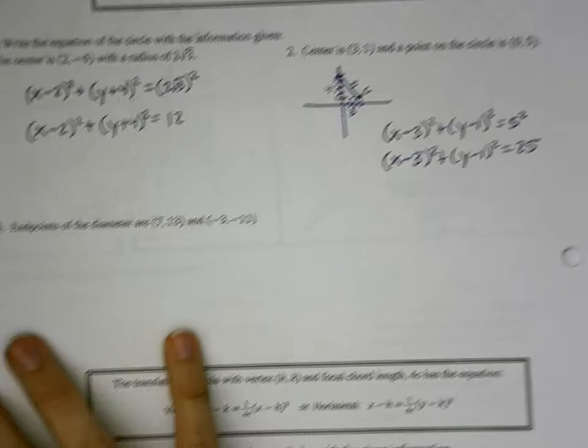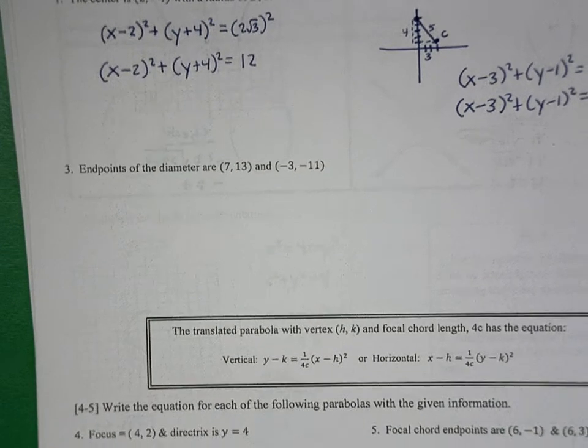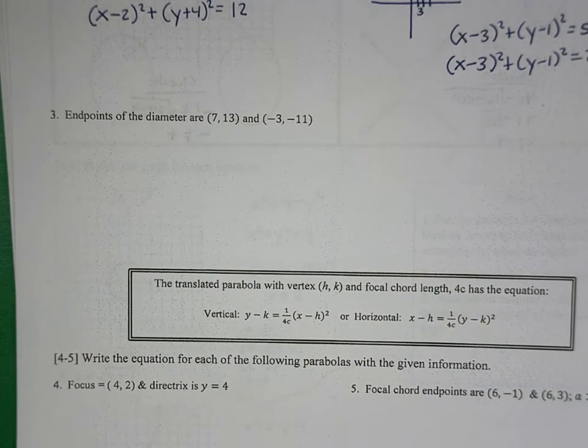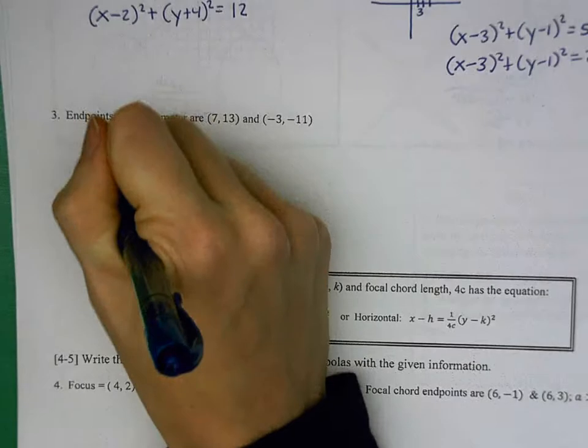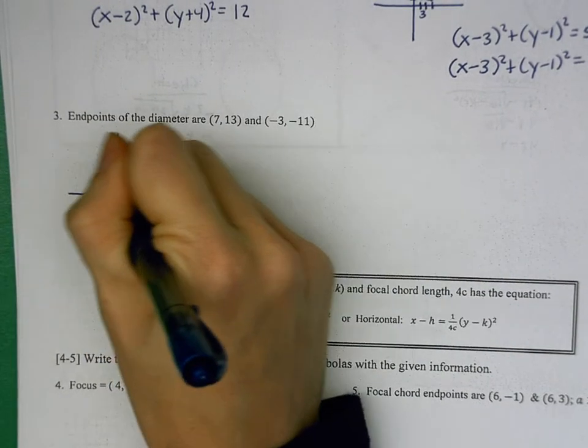Okay. Number 3. Go ahead and take a look at number 3. Endpoints of the diameter are (7, 13) and (-3, -11). Okay, so here we go. Again, I tend to recommend graphing.